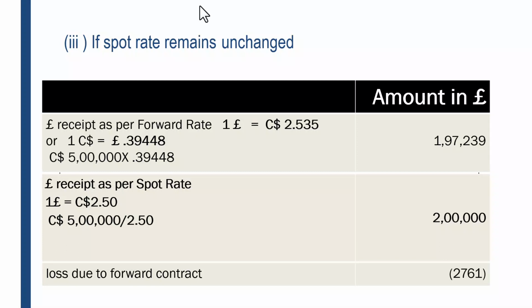So you are assuming a decline, you would have got only one. You were expecting 1.5, you are expecting the Canadian dollar to decline. So actually it has not declined, it has remained the same. So your forward cover has assumed that, so that's why. Is that okay?